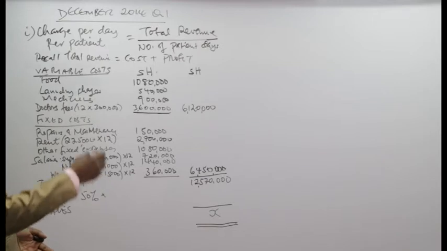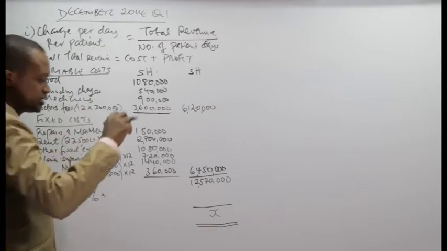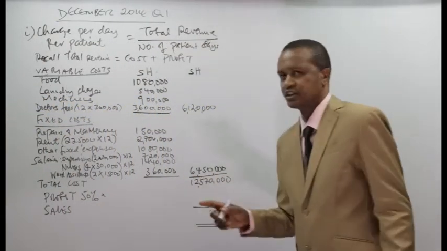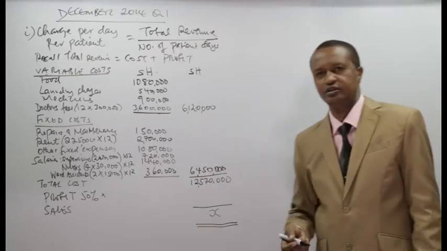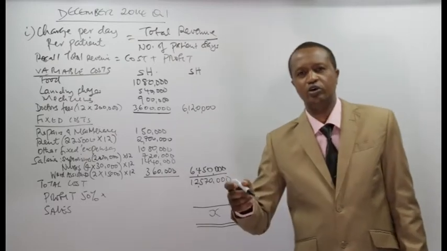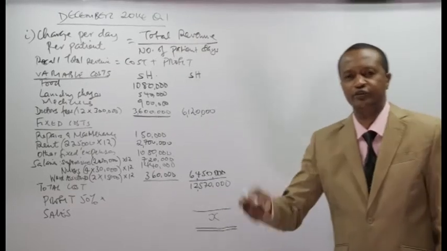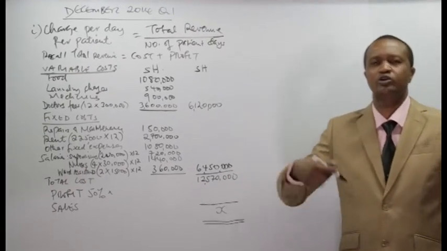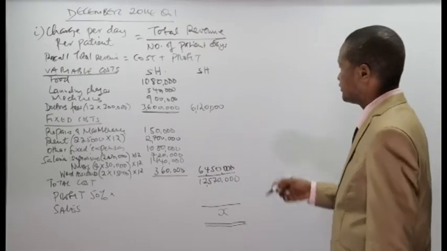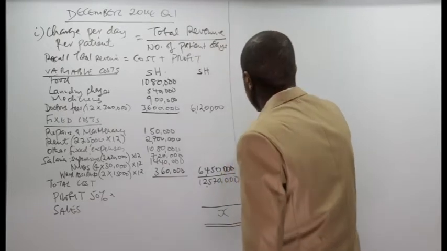And when you are given margin, don't forget, it is an expression of profit as a percentage on sales. Because profit can be expressed as a percentage on sales, or as a percentage on cost. Where profit is expressed as a percentage on cost, that is what we call markup. This is revision, we are revising what we learned.